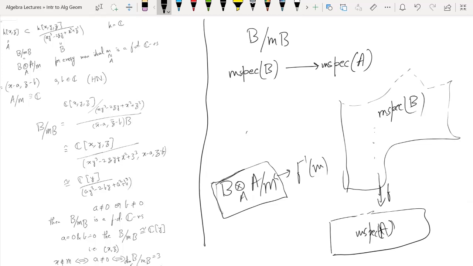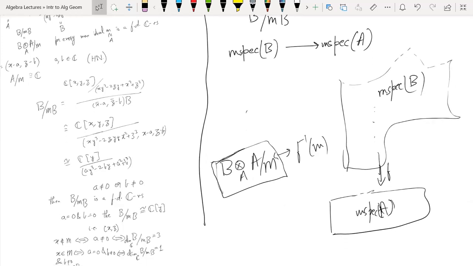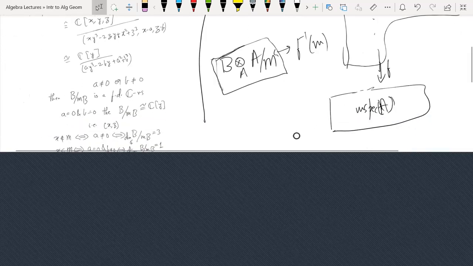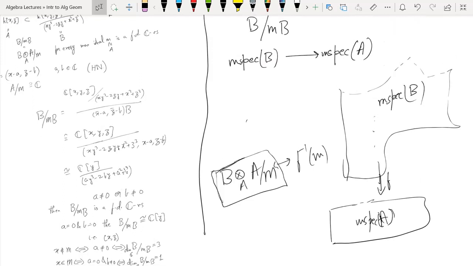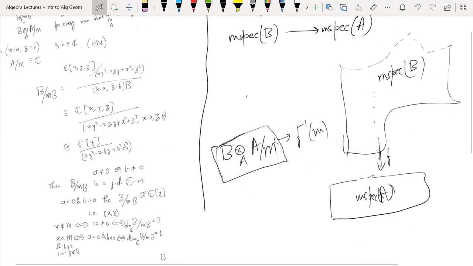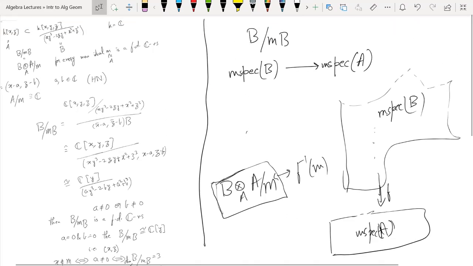If the maximal ideal does not contain x but contains z, then the first term vanishes. So x y cube is 0 in this plane, in this equation, and you can get only 1 point above. That's why the dimension is 1. And this happens pictorially as well.